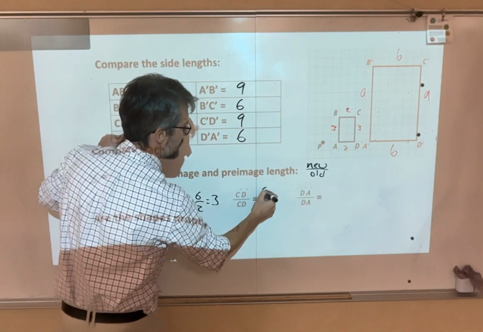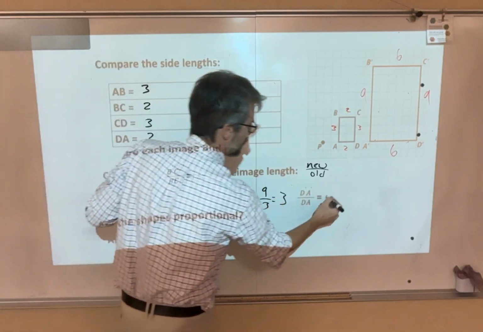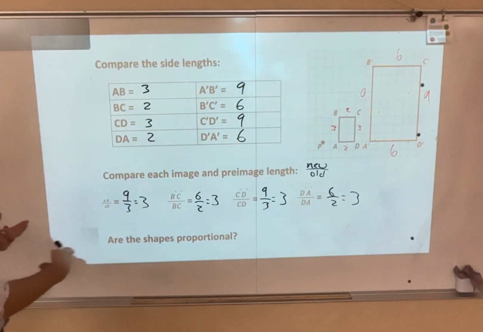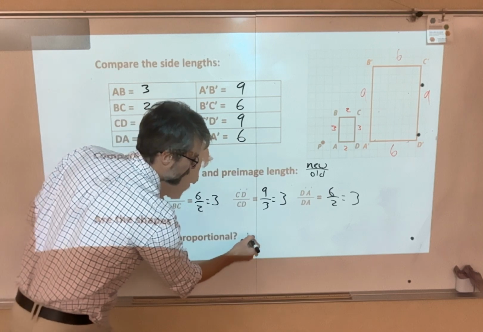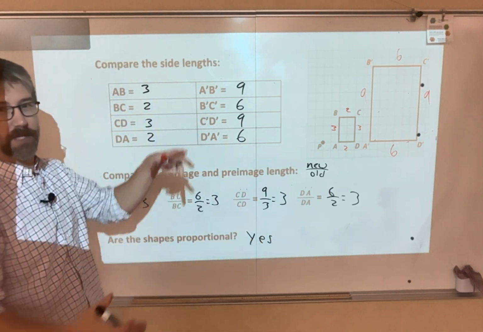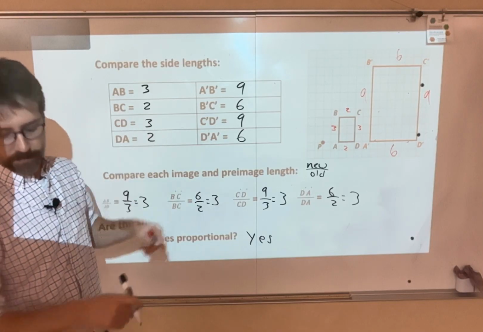C to D is 9 over 3, which equals 3. And then 6 over 2. Because all of these scale factors are the same, that means that these are proportional, and this is a dilation. Something didn't get distorted or anything. It didn't stretch one way more than the other. It just got larger.